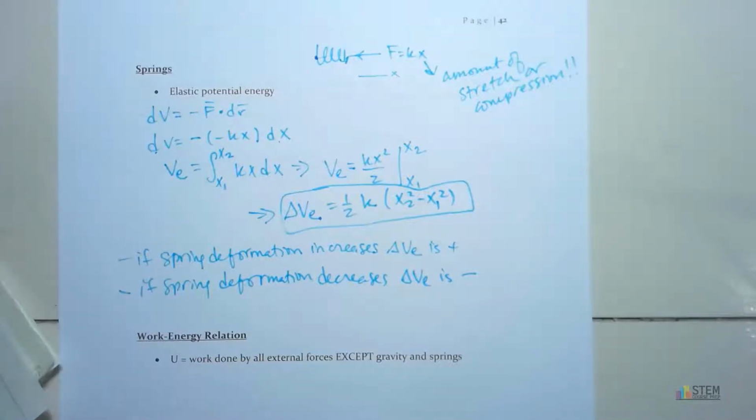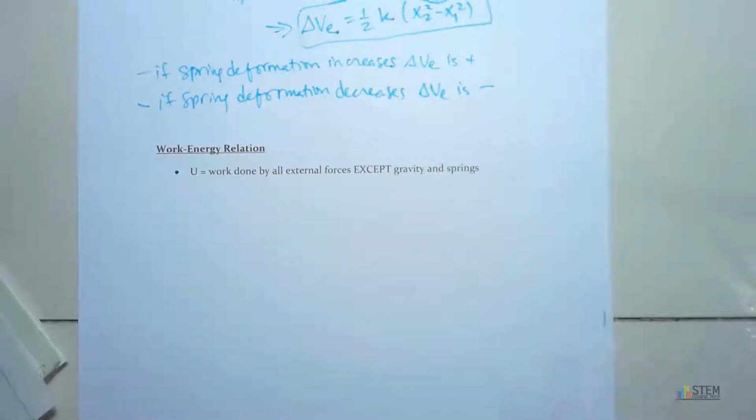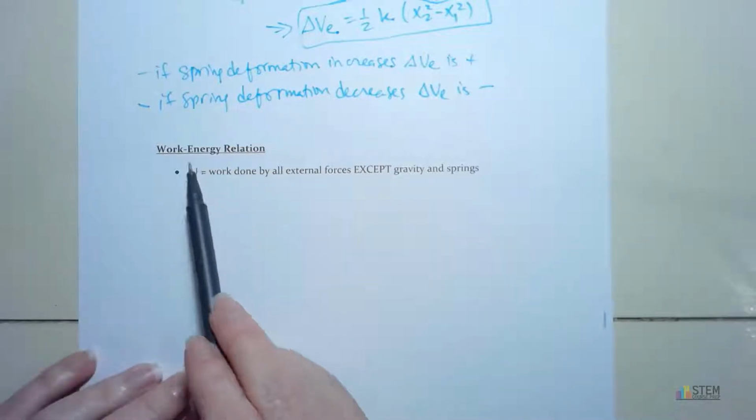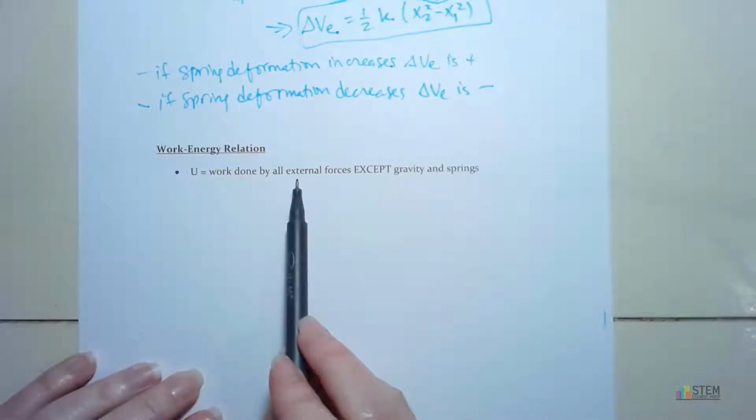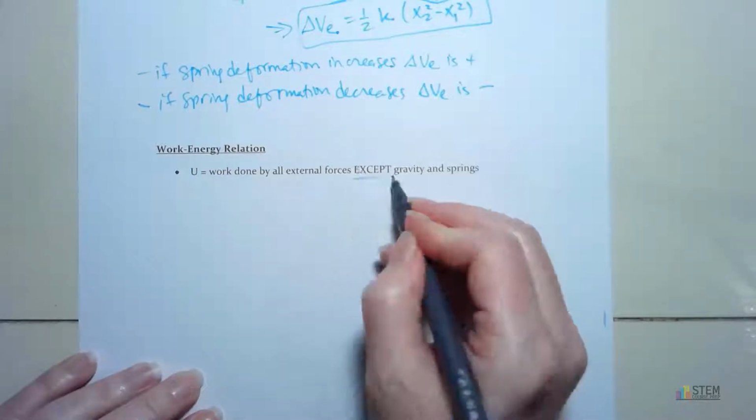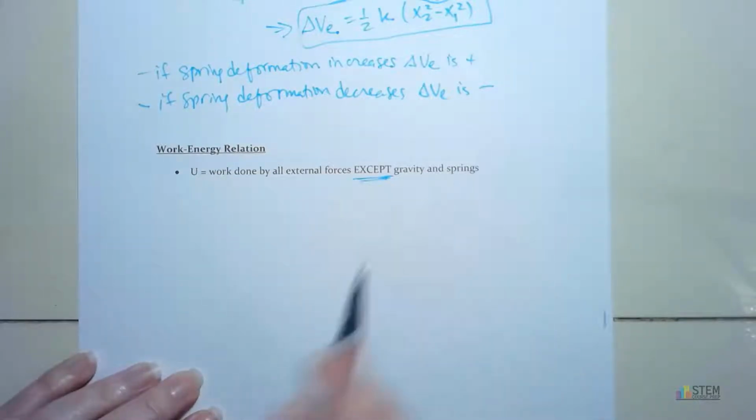And the last little section we've got right here is the work-energy relationship. Now we're going to go back to U. Remember, U is the work done by all external forces except, and this is key here, except gravity and springs.